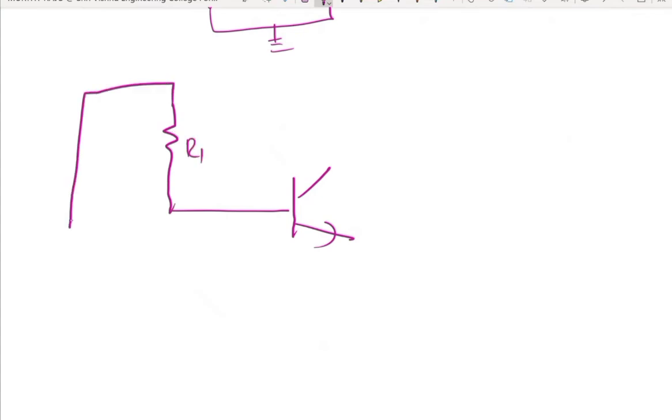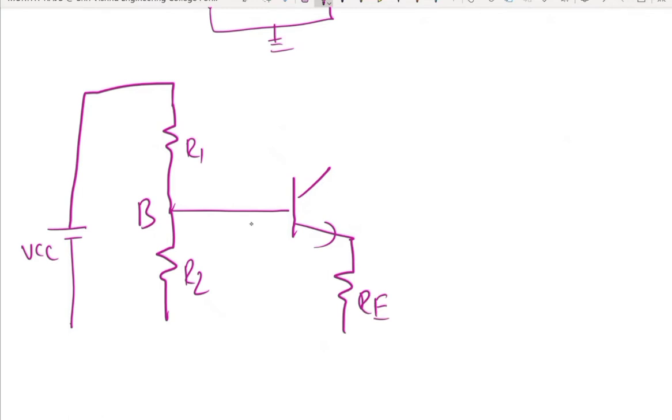Redrawn the circuit here. This is the transistor. The resistance is R1. Here VCC. Here the resistance is R2, base terminal. This is RE.